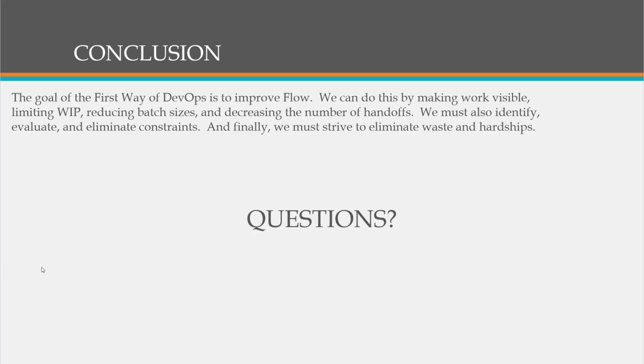So we do that through automation and reorganization. And by doing these things, we also must identify, evaluate, and eliminate constraints, waste, and hardship. As we do these things, then we will get increased flow. It'll be faster. Lead times will decrease. Our customers will be happy. We'll feel more productive, and things will go much better.